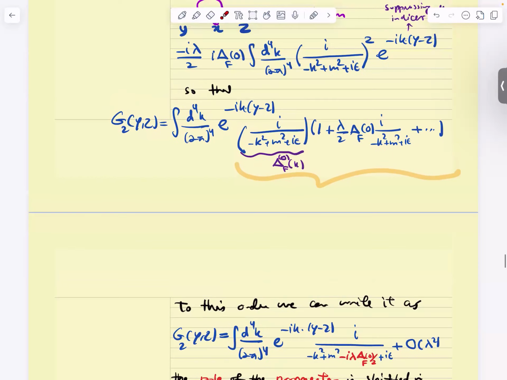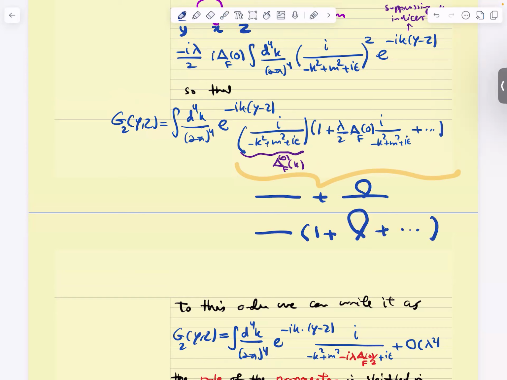That is just the fact that I'm writing this plus this cartoonishly as this times this. That's what I'm doing. This is a cartoon. We don't want to do this. Good? The reason I do this is the following.